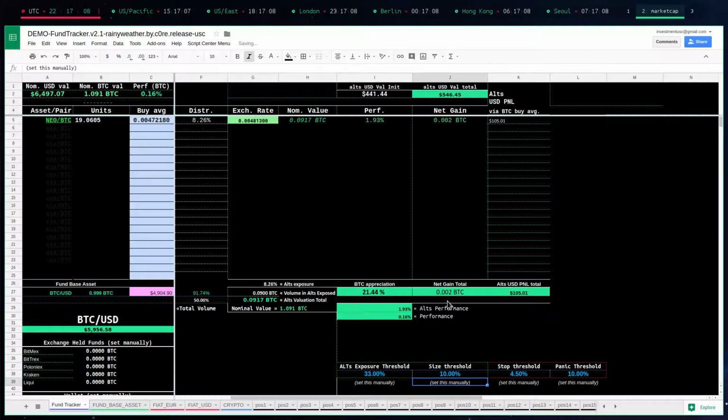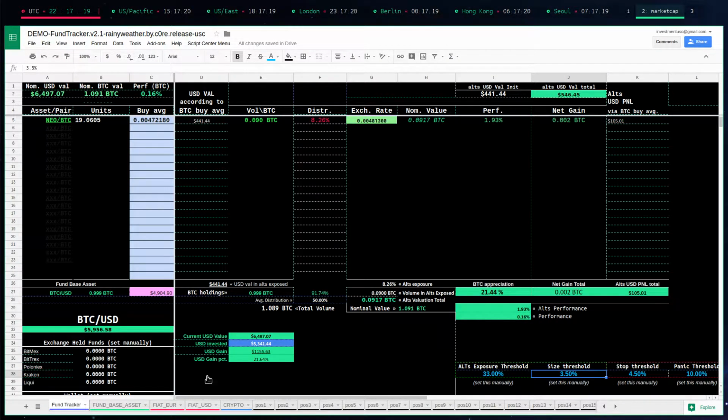So if you set that to 10%, this will not give you the visual alert on it, but we'll revert that to 3.5 because that's reasonable.